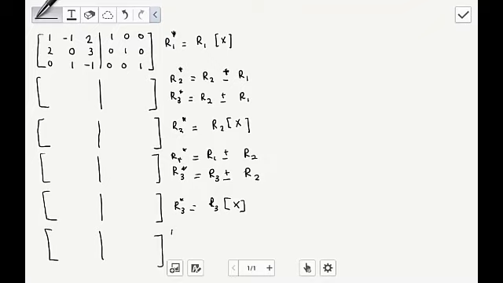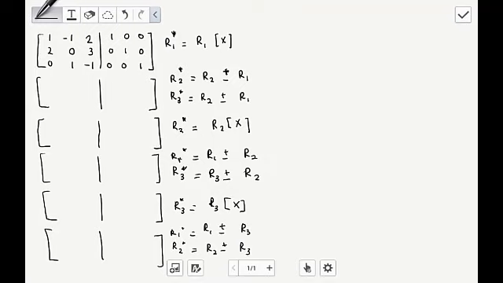After row 3, it's going to be row 1 and row 2. What are we going to do with row 1 and row 2? Either addition or subtraction with only row 3. We won't be using other rows. I hope you can follow the template.